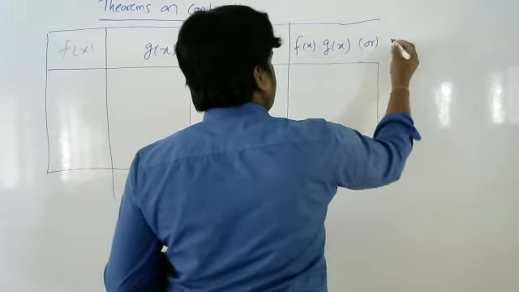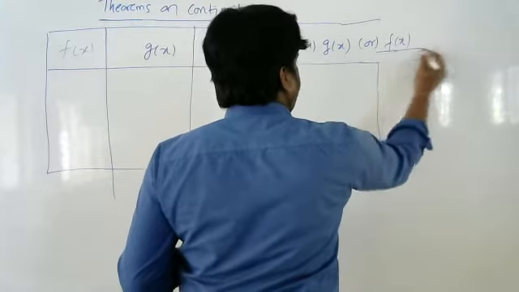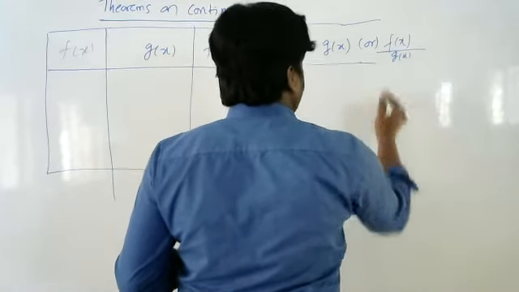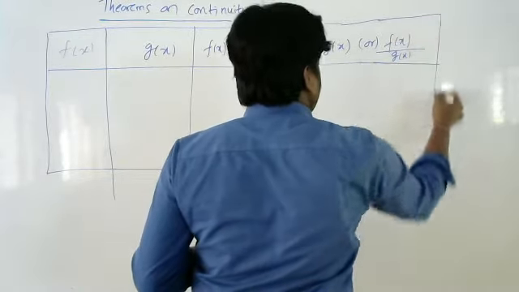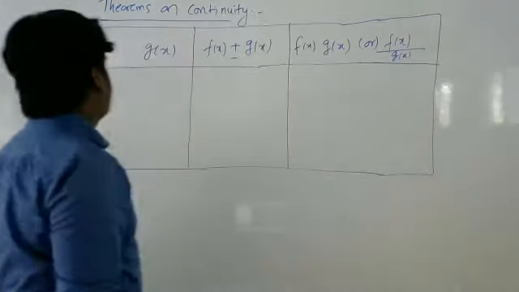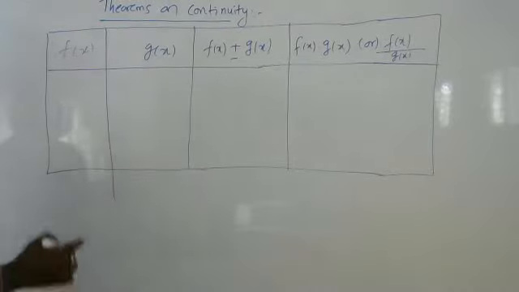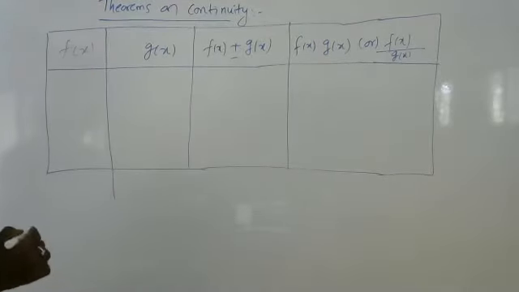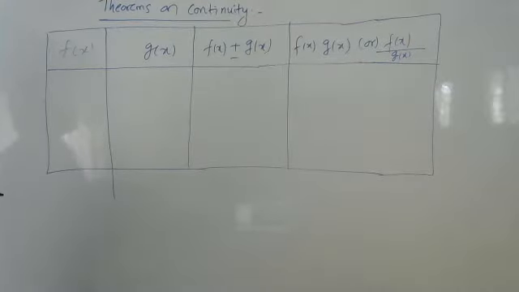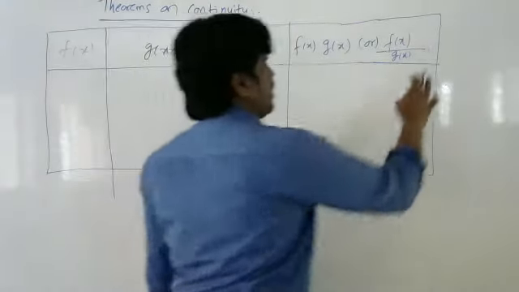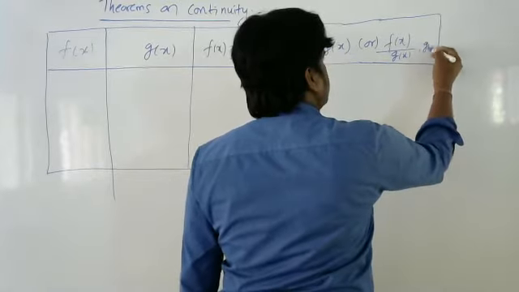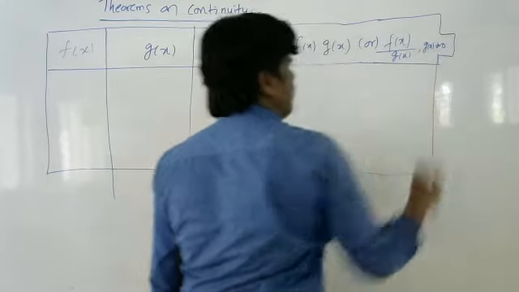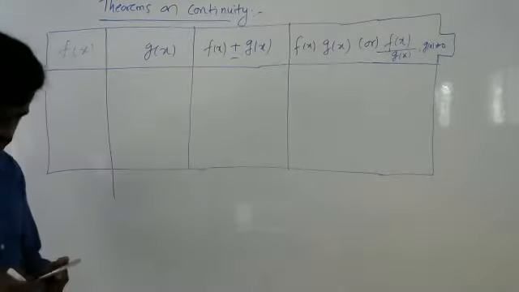Now we are learning the theorems on this: f of x plus or minus g of x, f of x into g of x, or f of x by g of x, where g of x is not equal to 0. Remember this, g of x is not equal to 0.